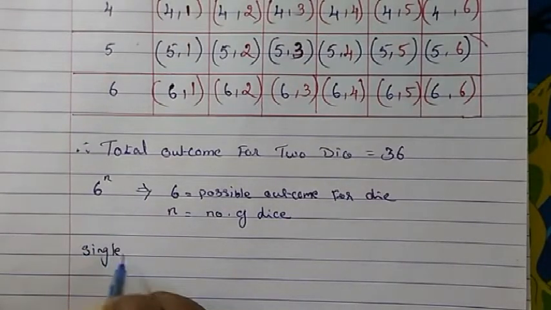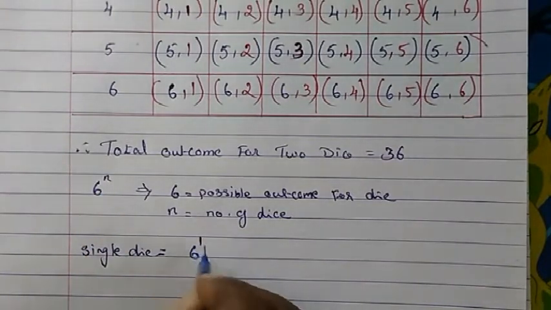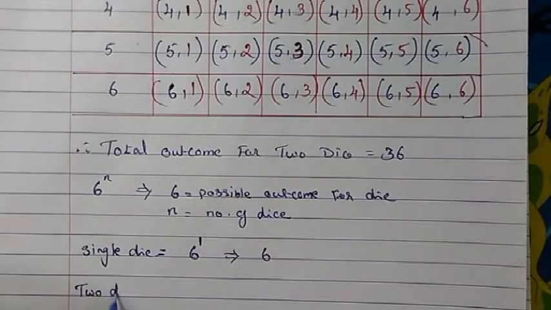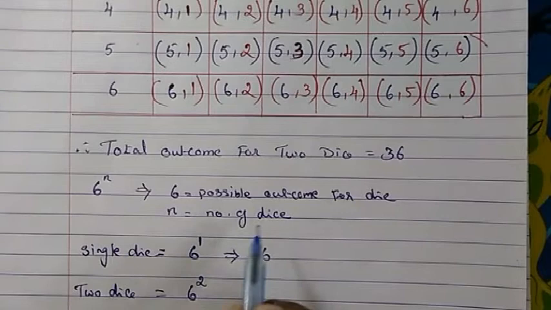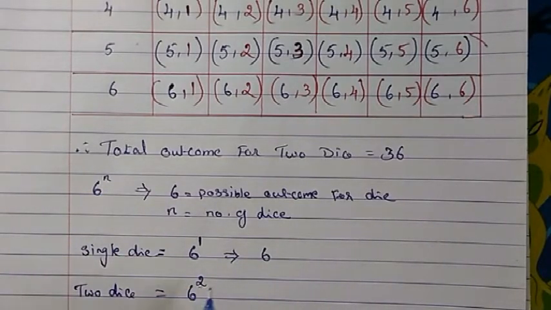So for a single die, we write 6 raised to n, where n is the number of dice. If it is a single die, then 1, so we get possible outcomes 6. If it is 2 dice, 6 raised to 2, because possible outcomes are 6 and the number of dice is 2.